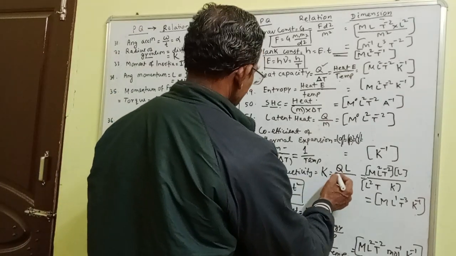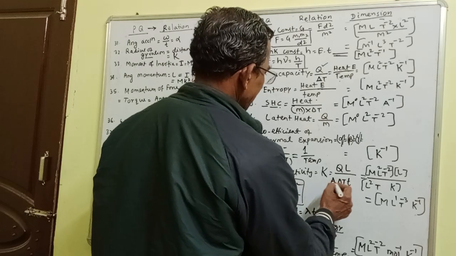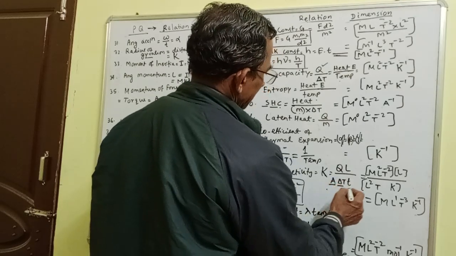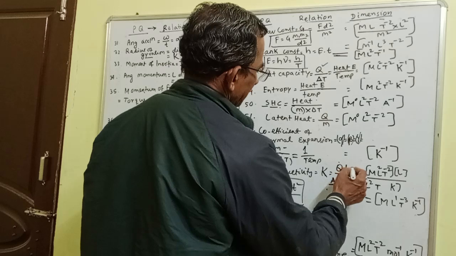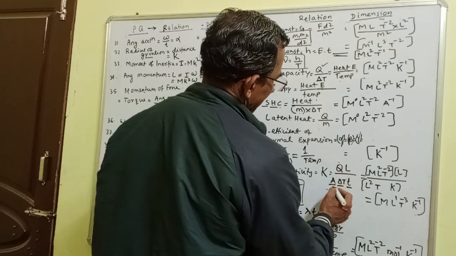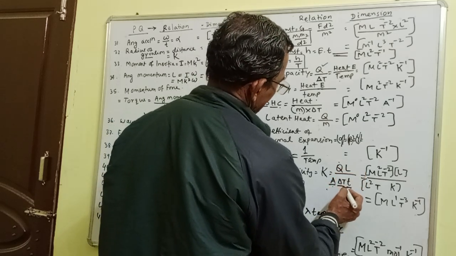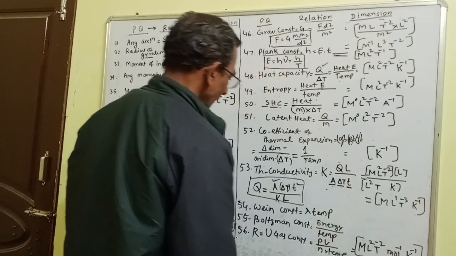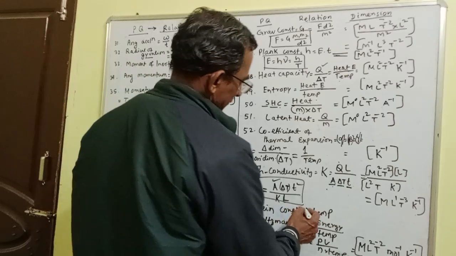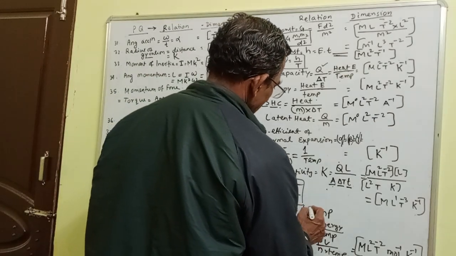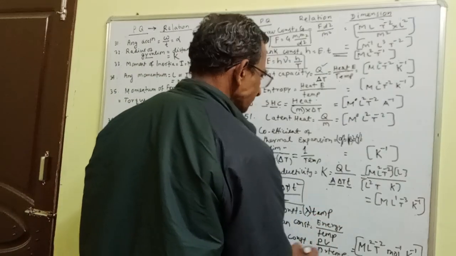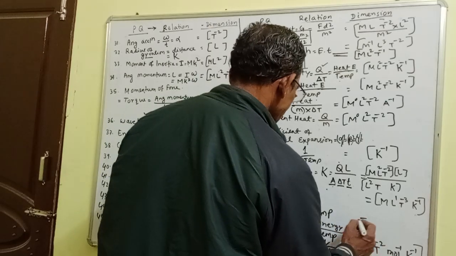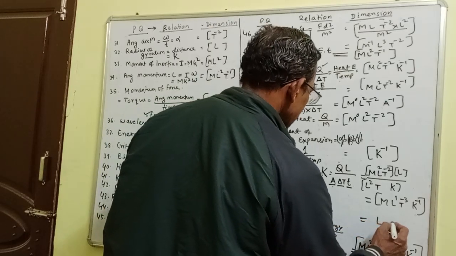Hence K becomes QL by A, change in temperature and time, heat energy into length divided by area into temperature into time. Wien's constant is wavelength into temperature, it is distance into K.